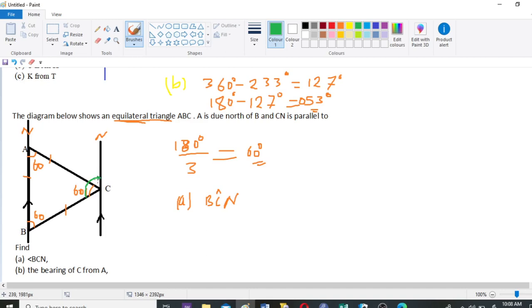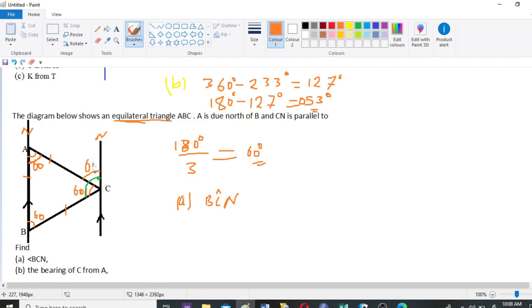So remember, we have 60 degrees here, right? And this angle here, how are we going to find it? Remember that this angle and this one are alternate interior angles. That means this angle is 60 degrees as well.